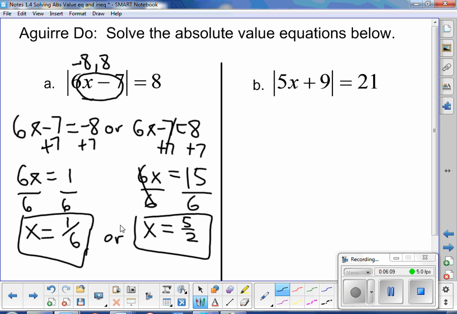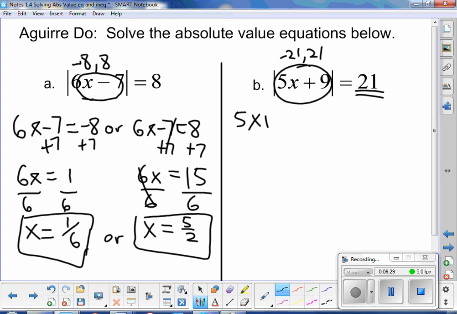Okay, so this side can be either the same thing. The stuff on the inside has a distance of 21, so the stuff on the inside is either going to be negative 21 or positive 21. There's nothing on the outside of the parentheses, so we're going to split it.